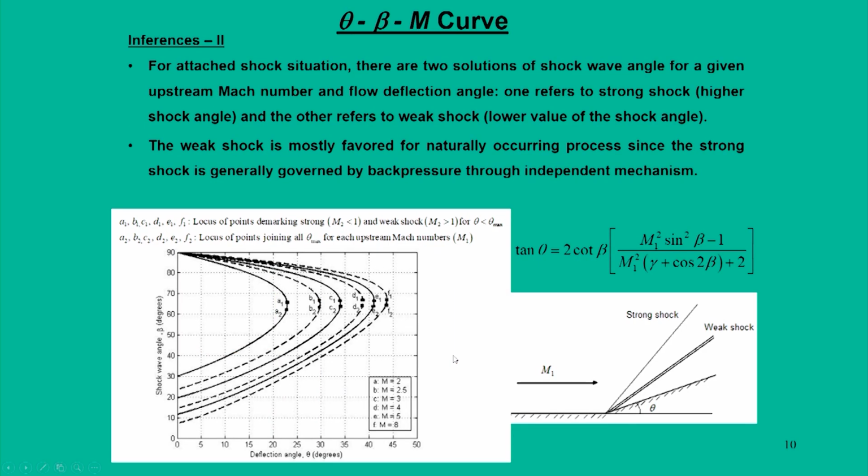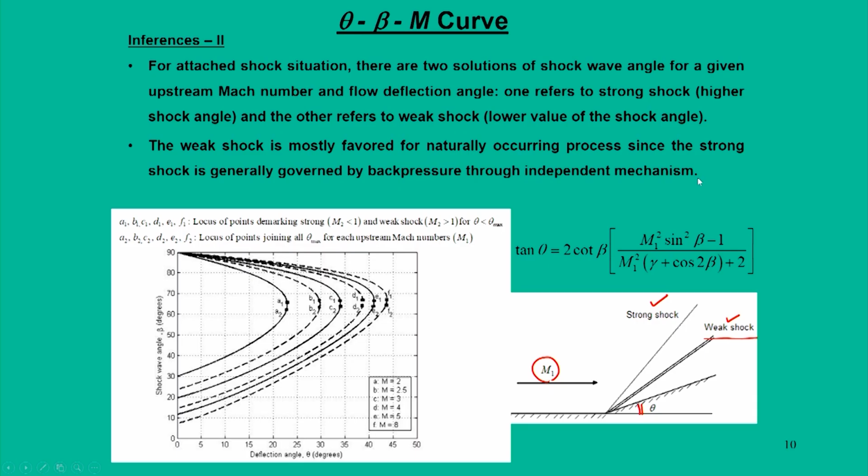So, a more clear picture is shown here, that means for a given theta and given Mach number there are two possibilities, one is a weak shock solution and the other is a strong shock solution. Out of this the weak shock is mostly favored for a naturally occurring process, since the strong shock is generally governed by the back pressure through independent mechanisms.